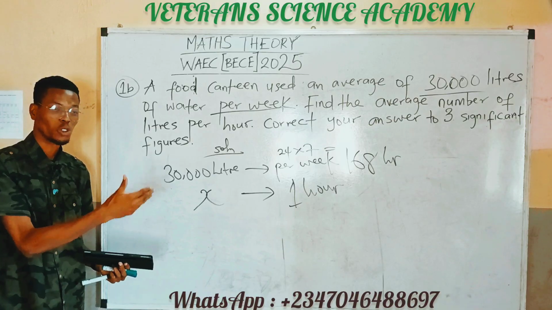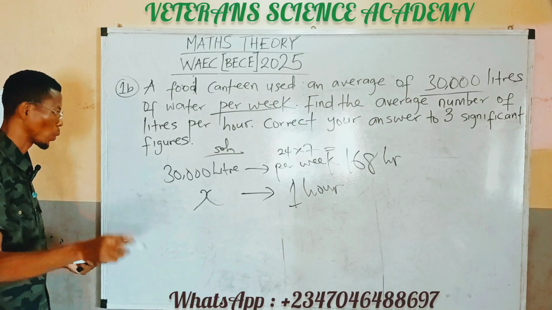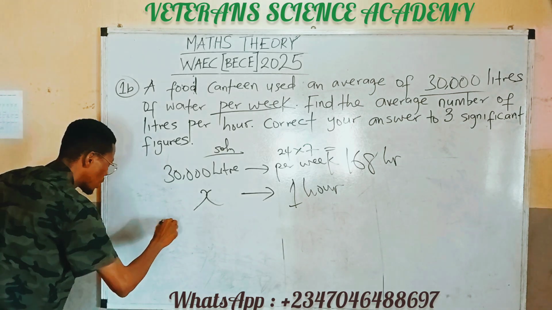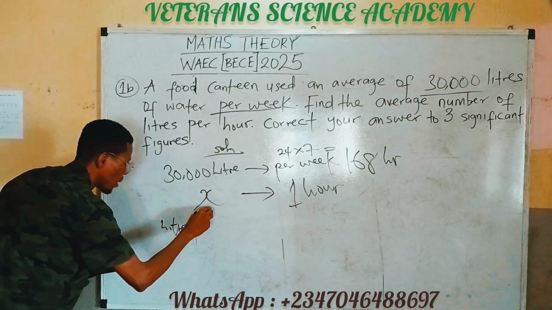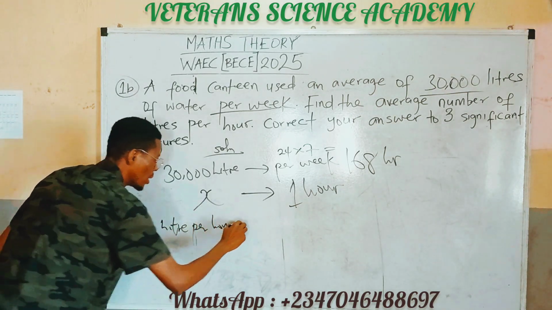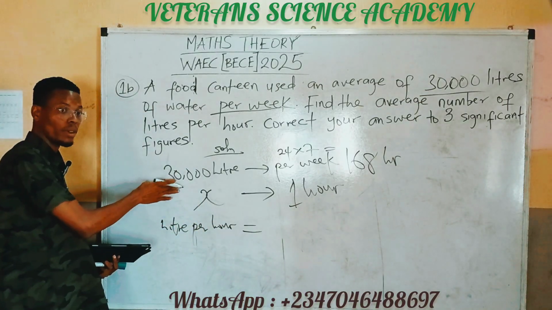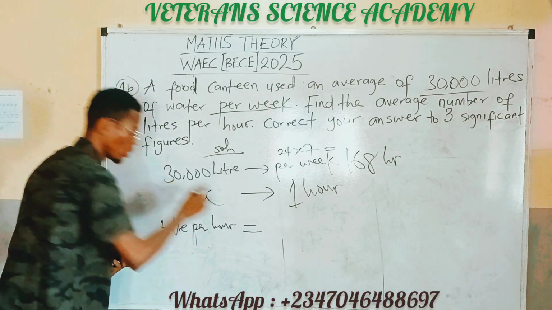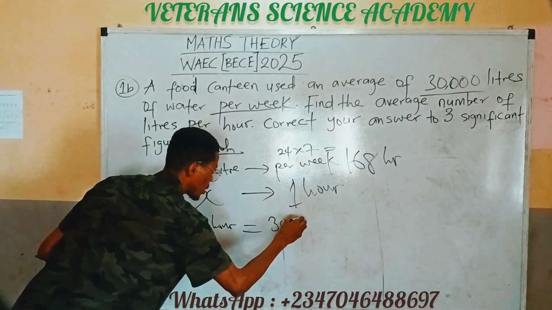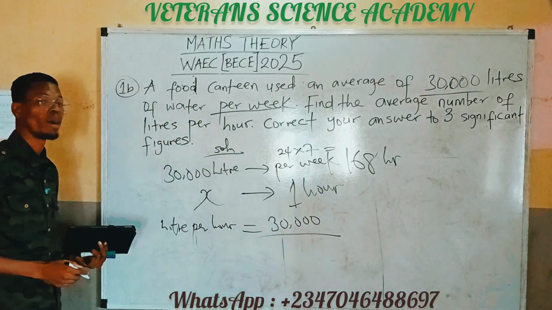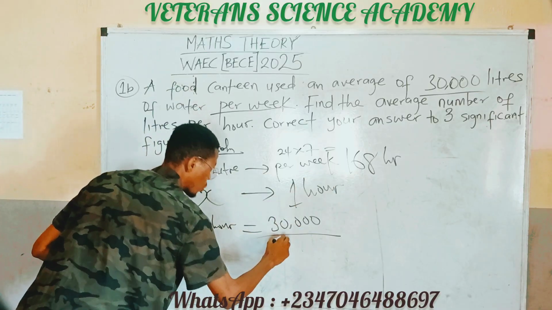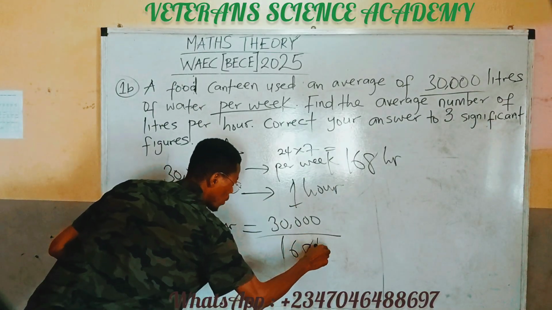Now, how many liters do they consume in an hour? We quickly do it like this. Liters per hour is equal to the number of liters the canteen consumes in a week, which is 30,000 liters, divided by the number of hours, which is 168 hours.